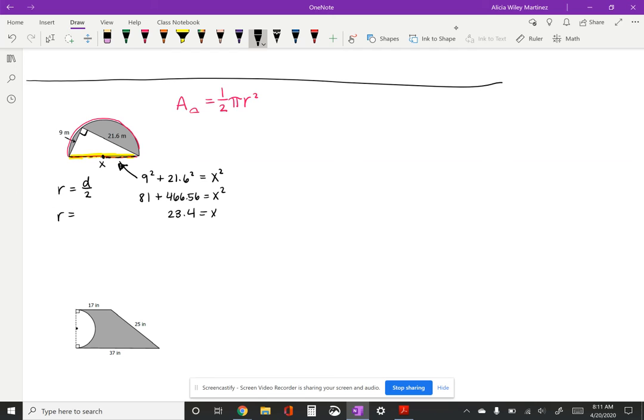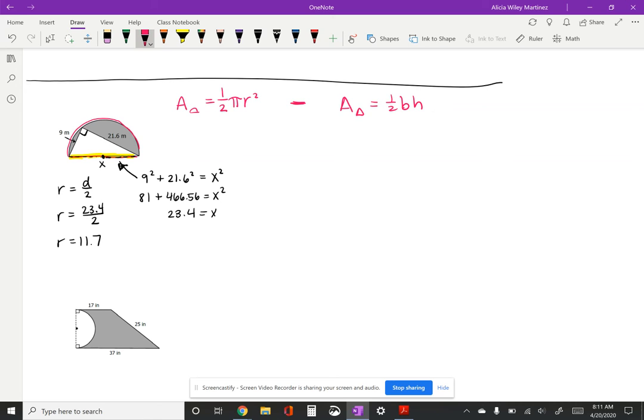So to find your radius, you're going to take 23.4 and divide it by 2. And when you do that, you get 11.7. So now that you have your radius, you can use that to find the area of your half circle. You will then subtract from that the area of that triangle, which is 1/2 base times height.